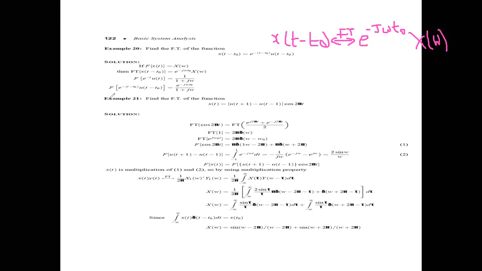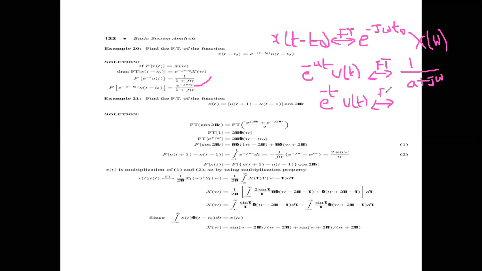What is x of t? Its Fourier transformation is X of omega. But here it is given as e power minus of t minus t naught into mu of t minus t naught.